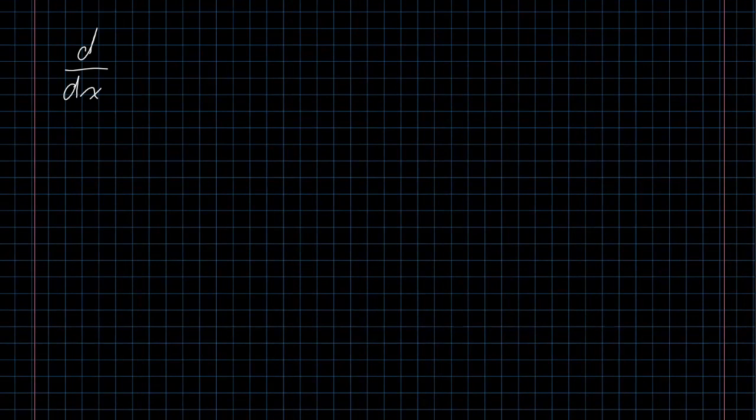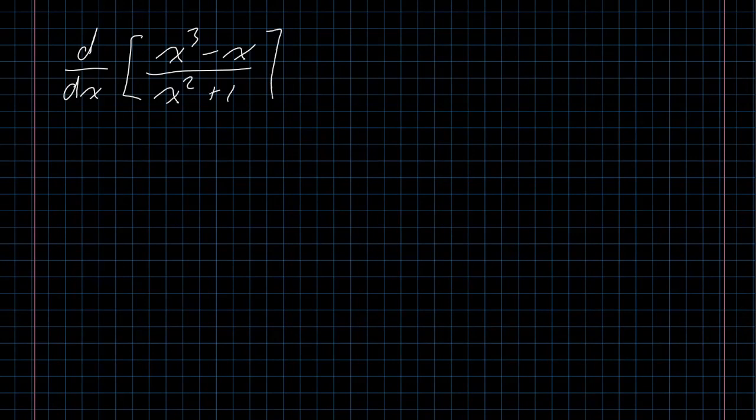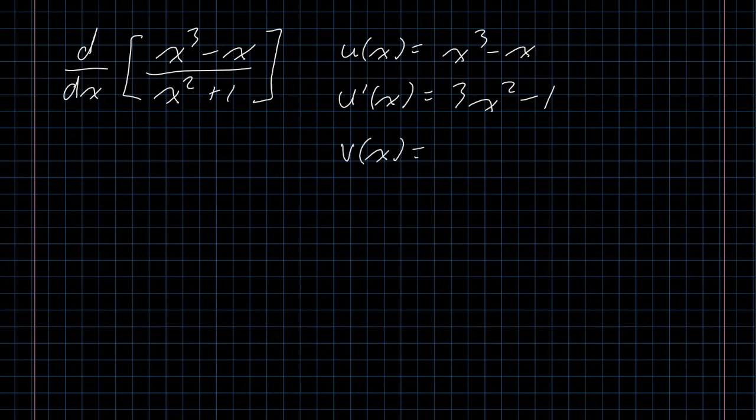So for example, if I want to take the derivative of x cubed minus x over x squared plus 1, I'm going to split this up. u of x is the numerator, x cubed minus x, and the derivative is 3x squared minus 1. v of x is the denominator, x squared plus 1. v prime of x is just 2x.